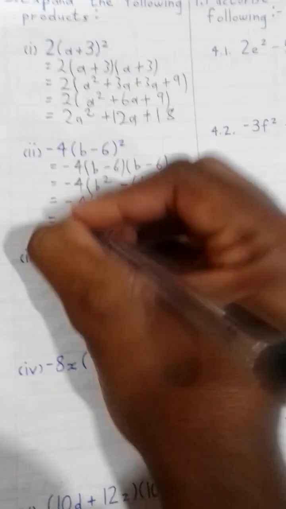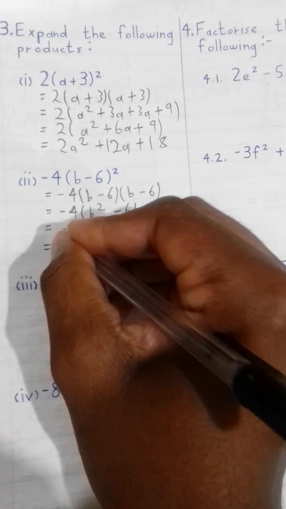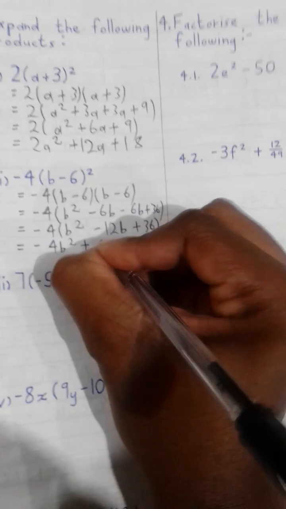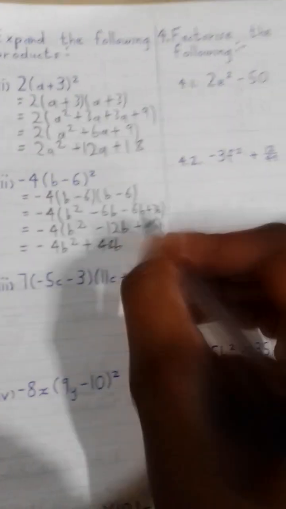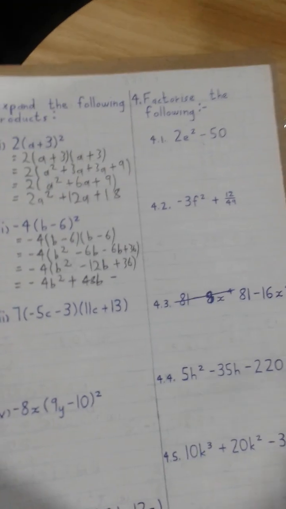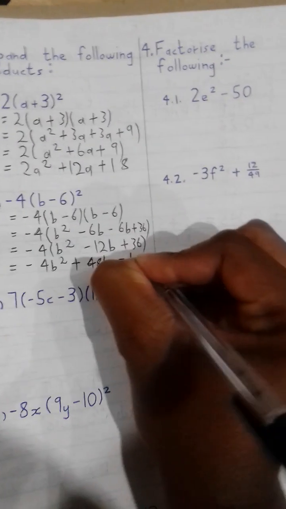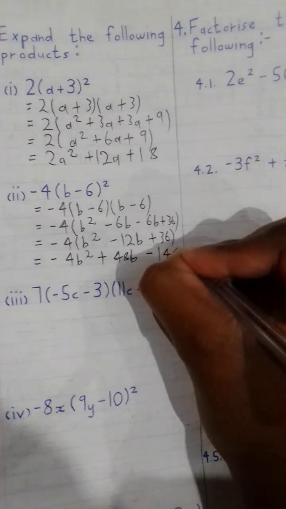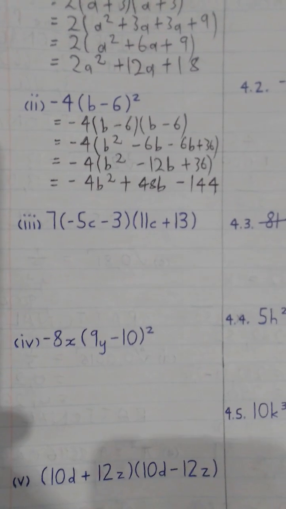Negative 4 times b squared is negative 4b squared, negative times negative is positive, 4 times 12 is 48b, negative times positive is negative, 4 times 36 is 144. So that's the final answer. I hope that is clear and I hope that makes sense.